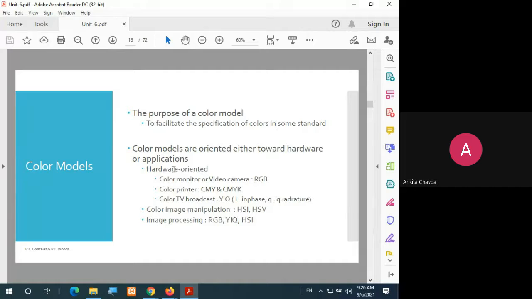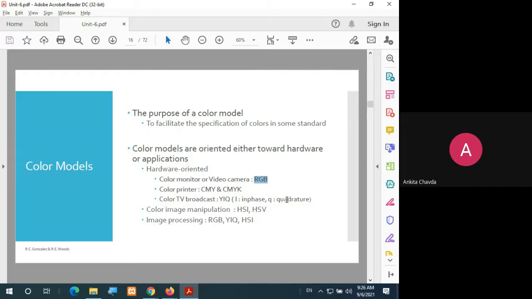If it is hardware oriented, in a color monitor or video camera you use the RGB model, because RGB provides the full color model. All the color intensities would be there. Even for the red color, you have 65,000 shades. Just imagine.